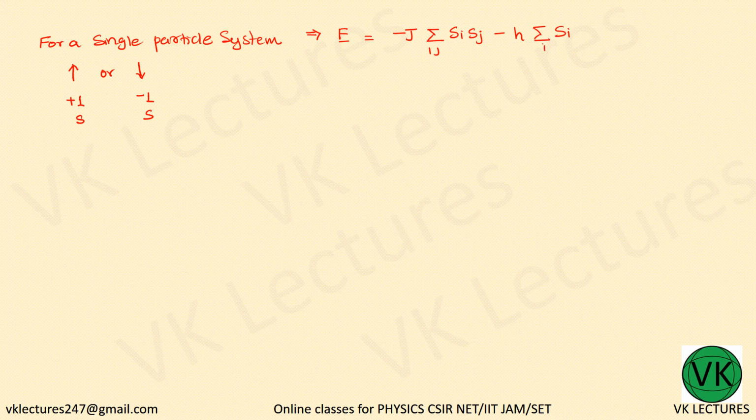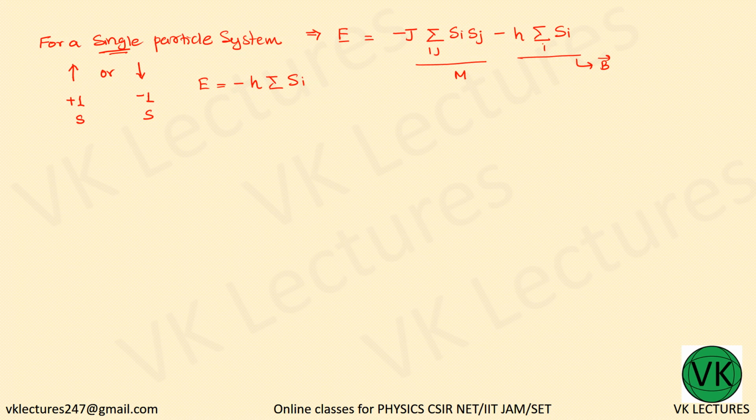This is the interaction with the magnetic field B. Since there is only a single particle, there is no mutual interaction, so only the second term will remain. So energy is equal to minus H times sum over Si.